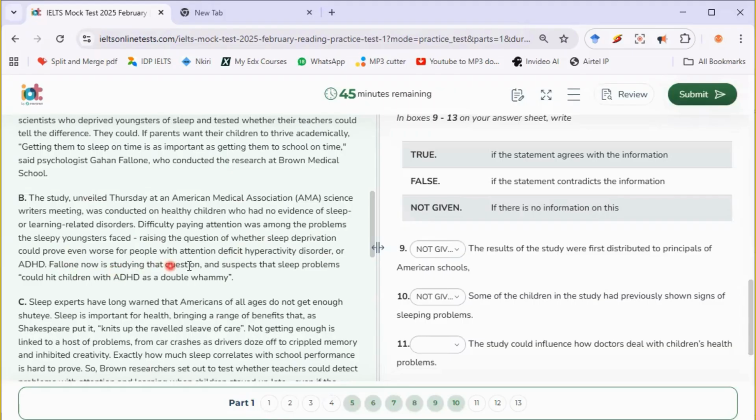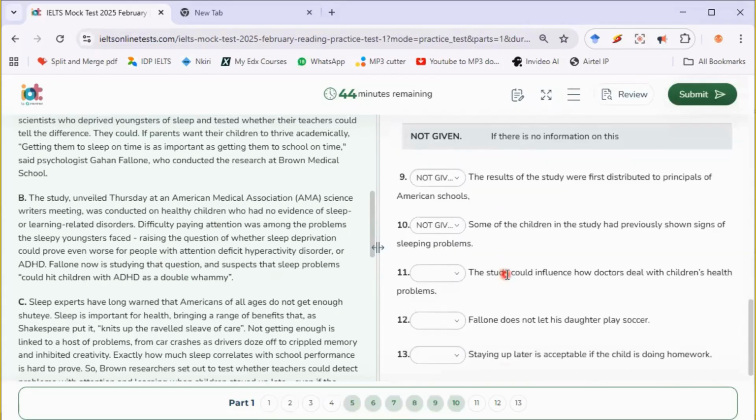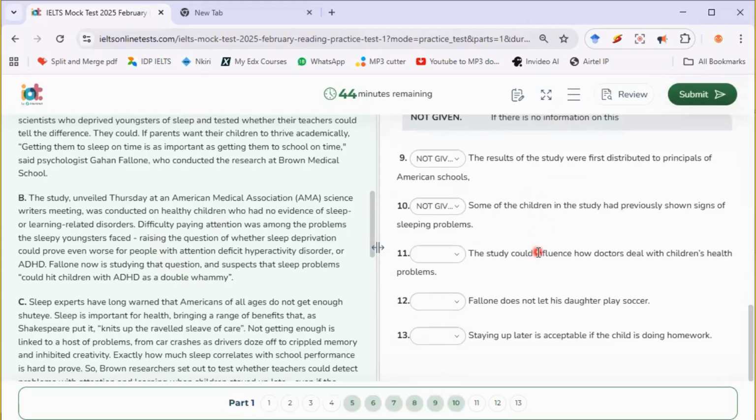Fallon now is studying that question and suspects that sleep problems could affect children with ADHD. But they have not talked about whether the children they used for the study showed signs of sleeping problems. I think this one is going to be not given. I don't think there's any information about the children in the study showing signs of sleeping problems. We are not sure. I'm not sure of that.